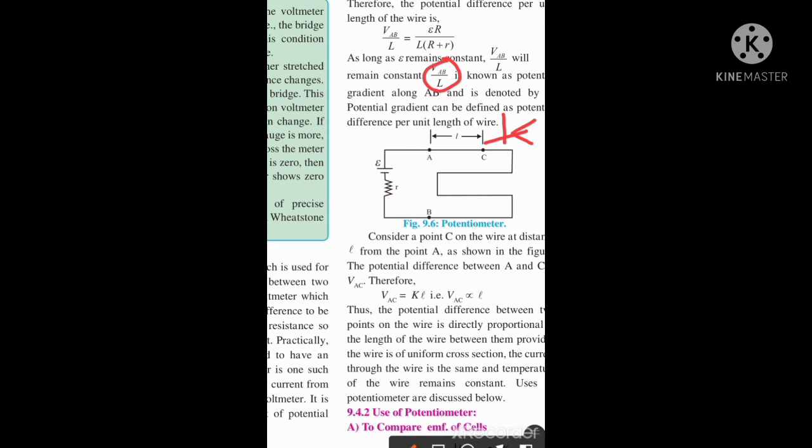We define potential gradient as the potential difference per unit length of the wire. That is the definition of potential gradient, denoted by the symbol capital K.